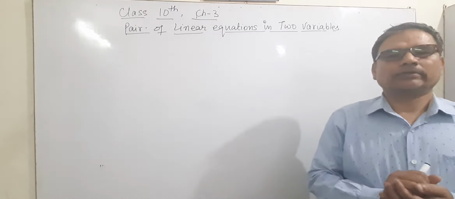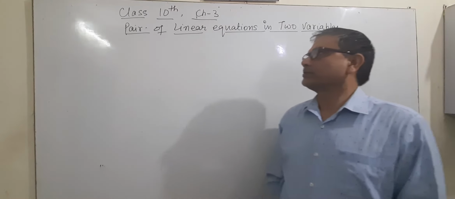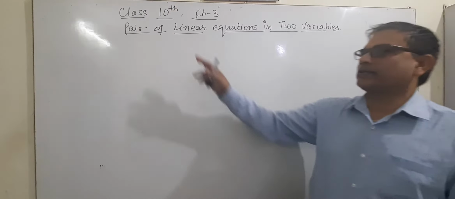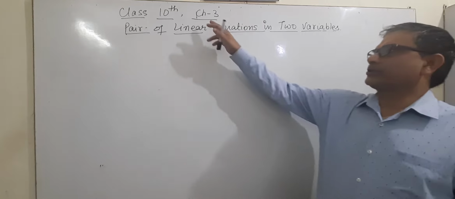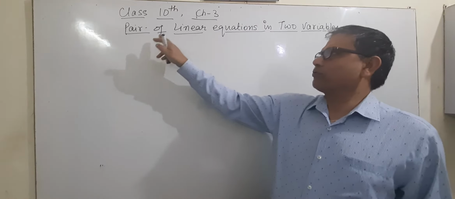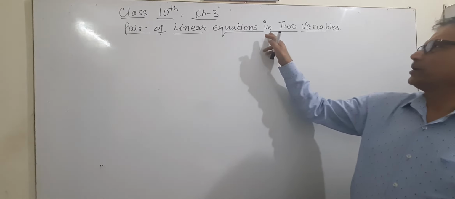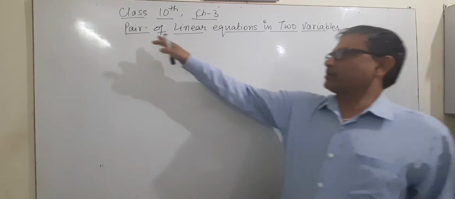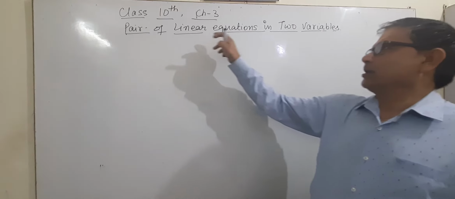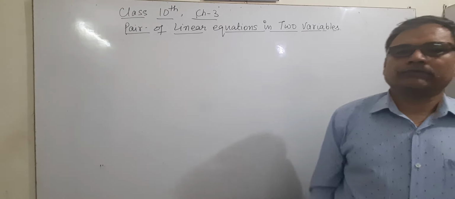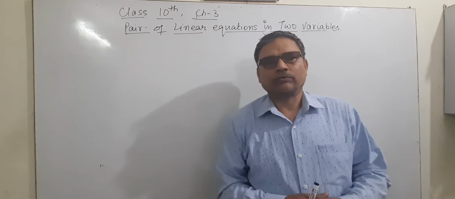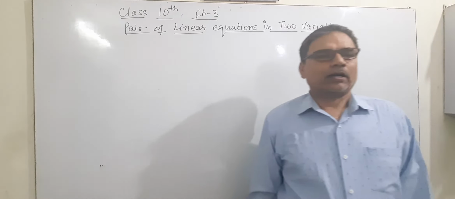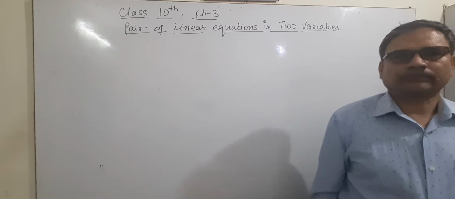Myself Hansa, your maths teacher, and today we will start the new chapter of class 10th, chapter 3, pair of linear equations in two variables. Before explaining the meaning of pair, linear equation and variable, we have to discuss some basic points related to the linear equation.